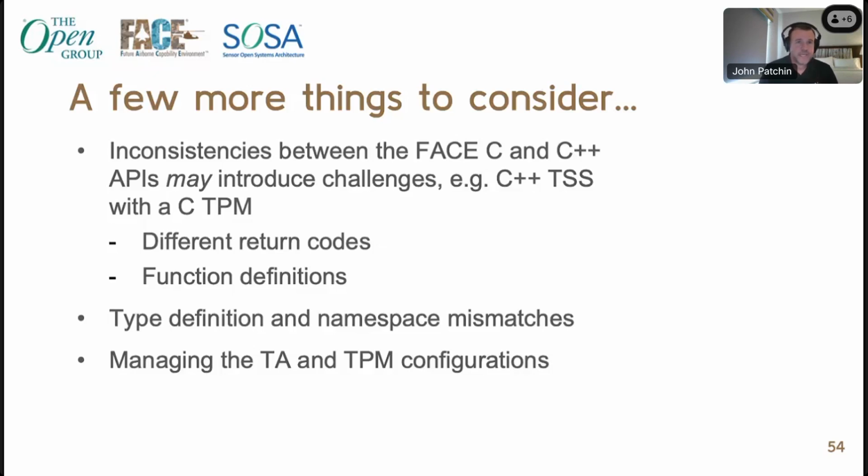C obviously doesn't have a concept of namespaces, and that's the purpose of the type abstraction, to handle that lack of namespaces in C. But C++ heavily uses namespaces, especially with function overloading to implement the type-specific APIs. So we need to look at mixing the two, the differences in return code values or constants potentially, as well as these function definitions.